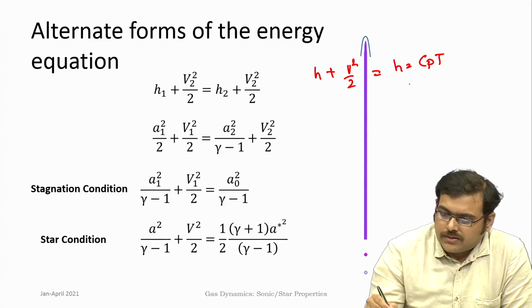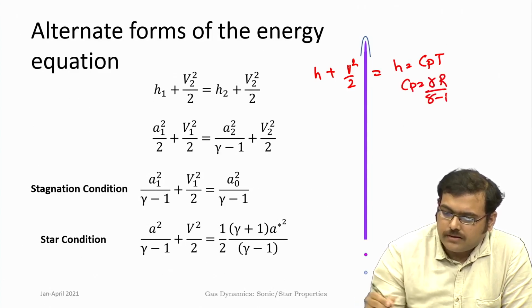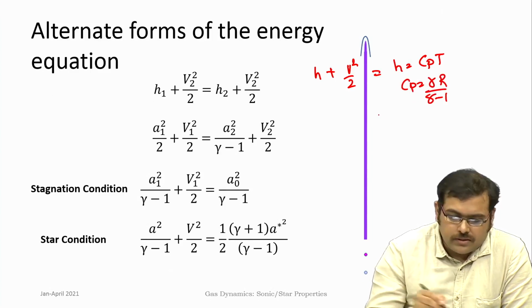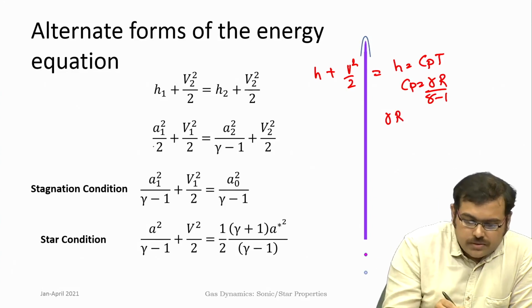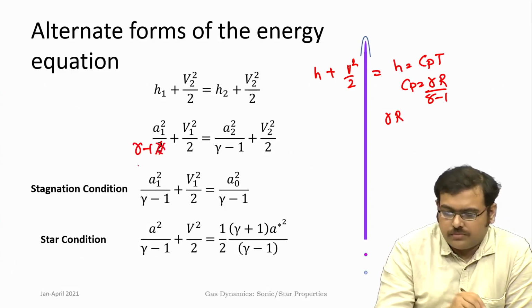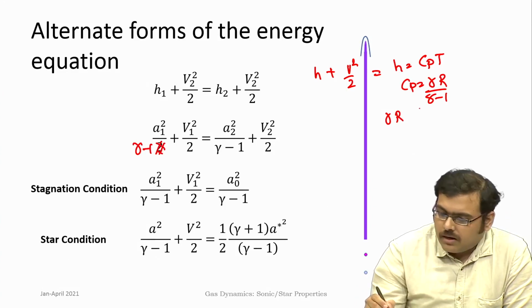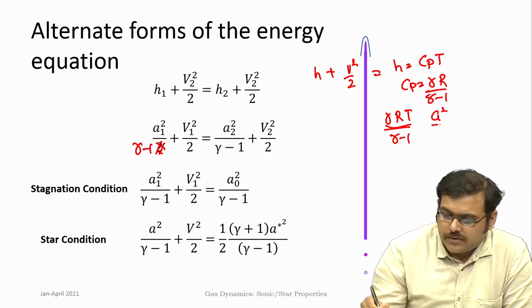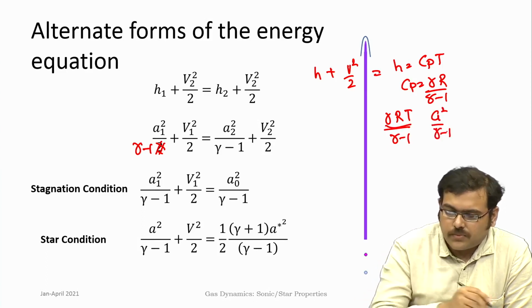This Cp is gamma R by (gamma minus 1). So you get gamma R T by (gamma minus 1). Gamma R T is a square, so this is a square by (gamma minus 1).